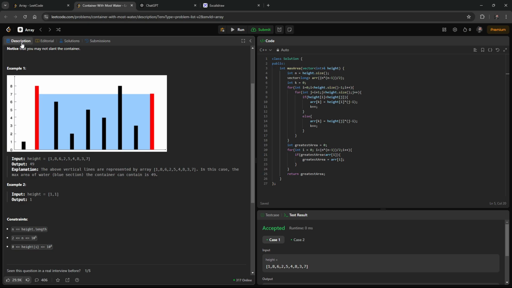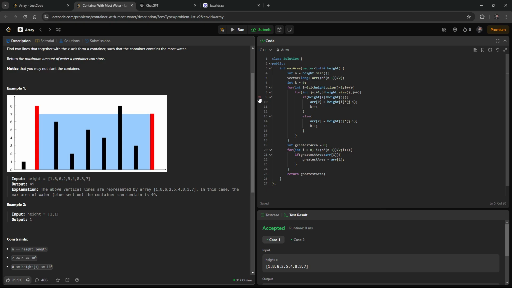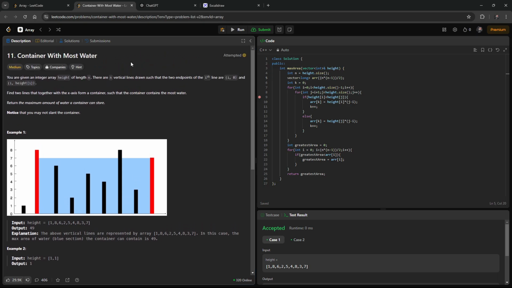I'm so stuck. Can't think of any idea right now. Should I look at the solution?